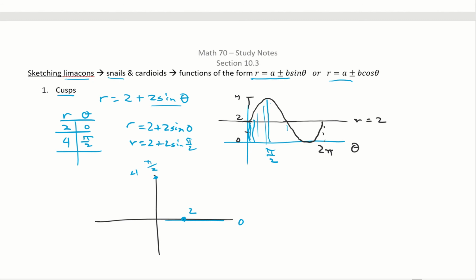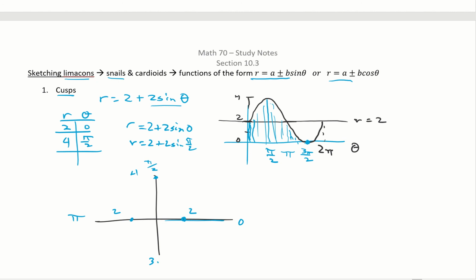When you go down to pi, you'd think you get to 0, but no, because of the plus 2, you're still hanging in there, and you're at 2 again. So when you get to pi, you're actually at 2 again. Okay? Notice I'm not writing -2 because that would be x. I'm talking r is 2, right? Okay, that doesn't look quite symmetric, but okay. And then finally, what happens is r keeps shrinking until you get to 3 pi over 2, and it's finally at 0.